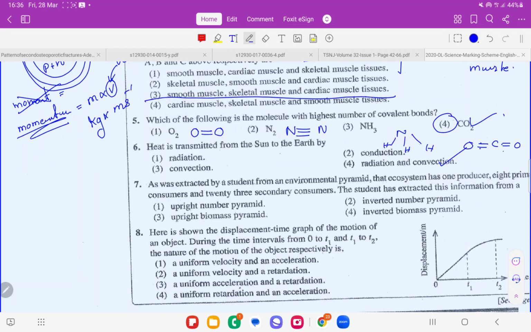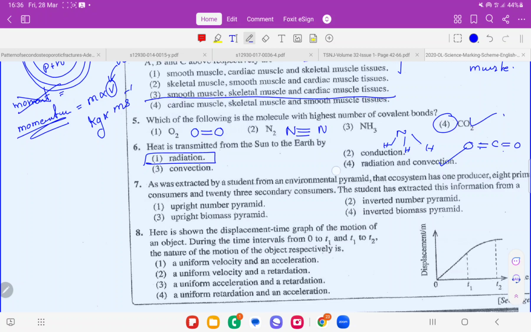Right, sixth question. Heat is transmitted from the sun to the earth. Sun to earth means they have to pass through a non-medium area, which is space, right? So in a non-medium area, conduction can't happen. Convection also requires a medium, but the main one is radiation. Radiation is the way heat is transferred from the sun to the earth.